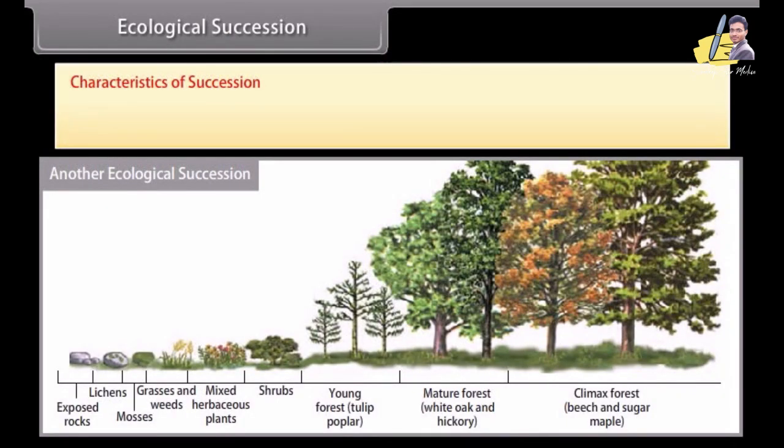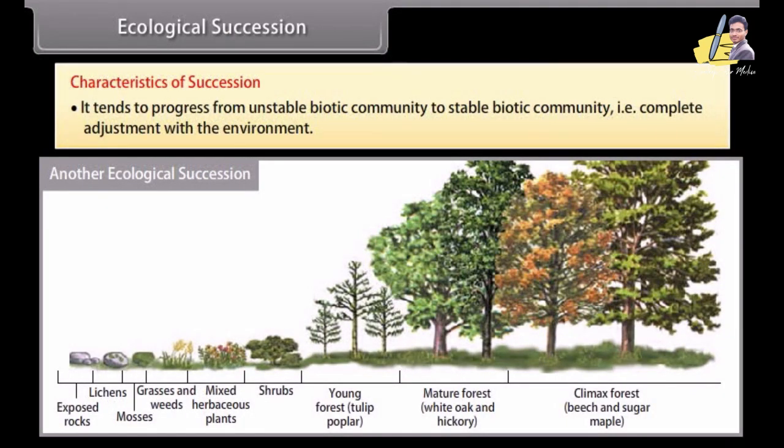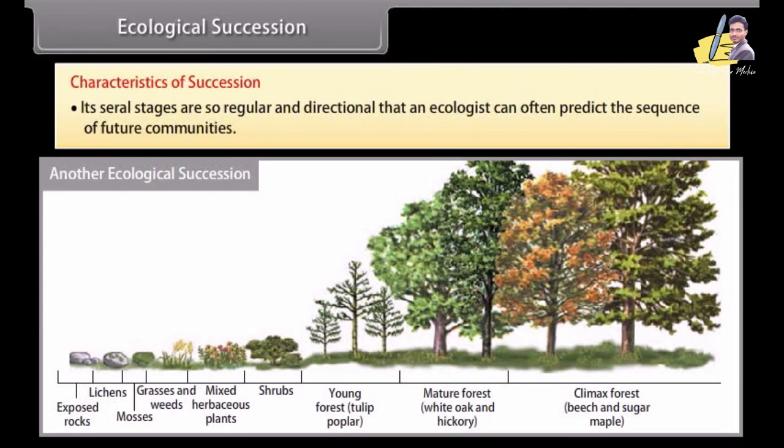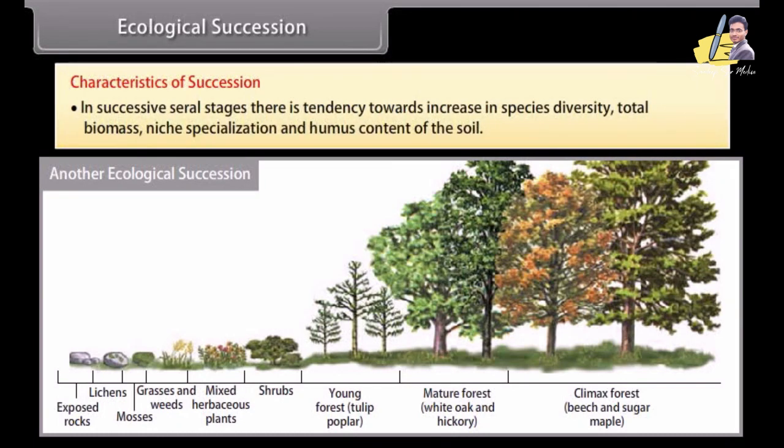Characteristics of succession. It tends to progress from unstable biotic community to stable biotic community, that is, complete adjustment with the environment. Its seral stages are so regular and directional that an ecologist can often predict the sequence of future communities. In successive seral stages, there is tendency towards increase in species diversity, total biomass, niche specialization and humus content of the soil.